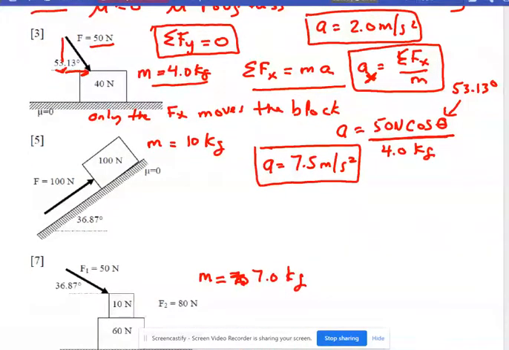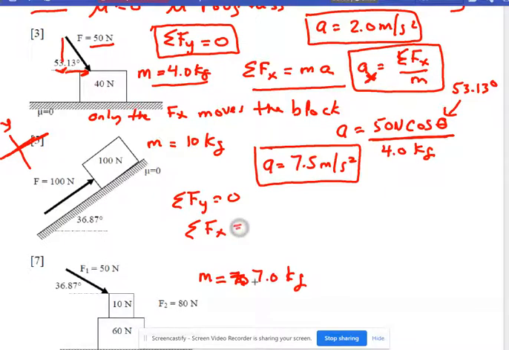This one's really interesting. So let's do our coordinate system, x and y. Now, there is no acceleration in the y direction, right? All the acceleration is in the x direction because we've called this x.